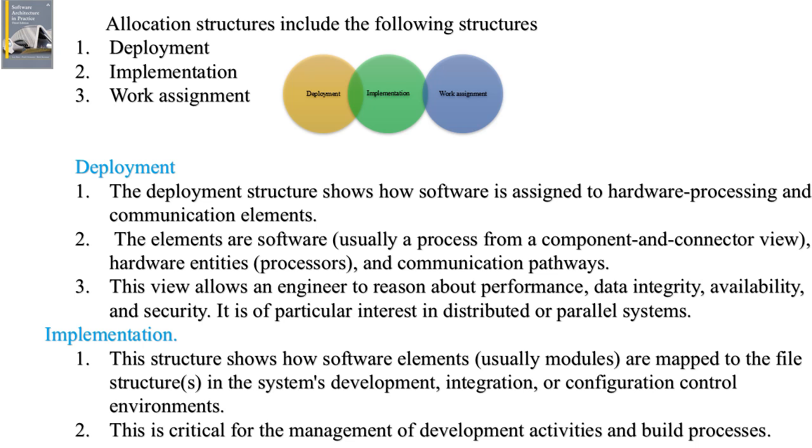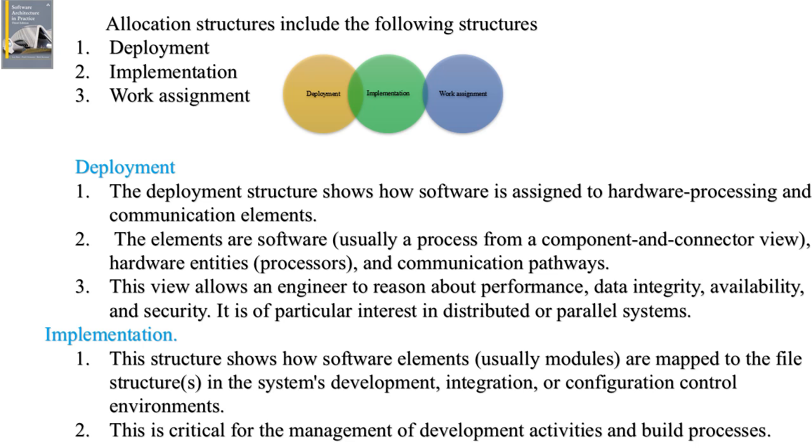So the elements of the software and the hardware entities and communication pathways. If it is a printer, to which element has it been connected? Like that, hardware entities are connected with which communication pathway.